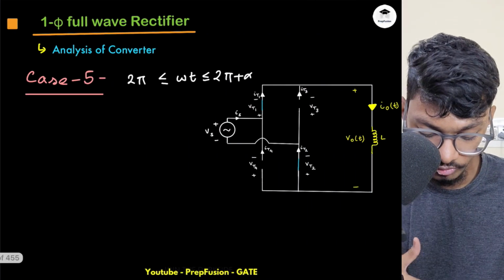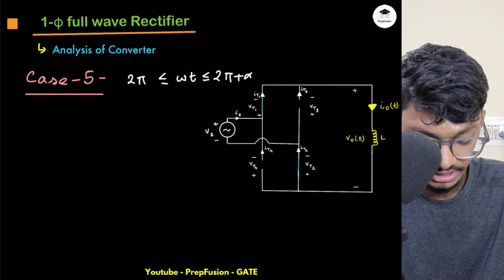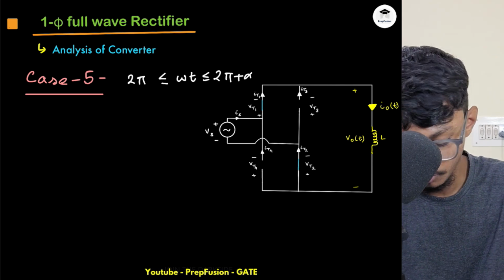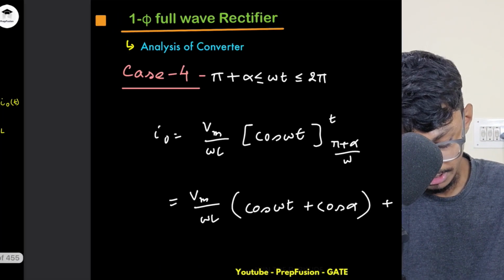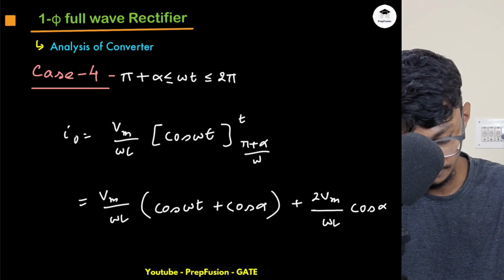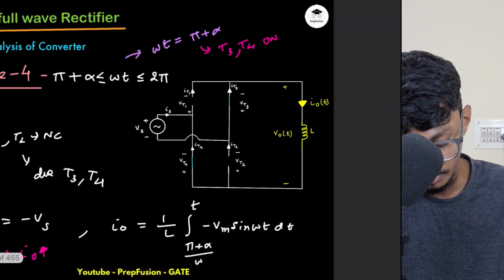And in case 5, what will happen? In 2 pi to 2 pi plus alpha, again SCRs T3 and T4 will try to turn off, but that will not happen. So again, what will be the power flow this time? I forgot to draw the power flow. So here my Vs is negative.